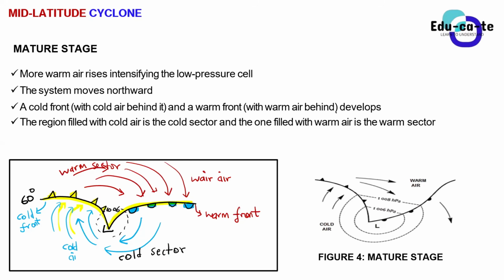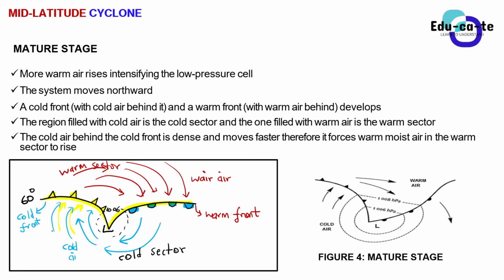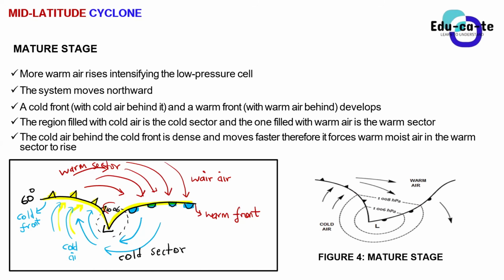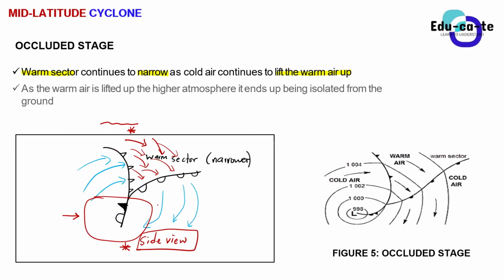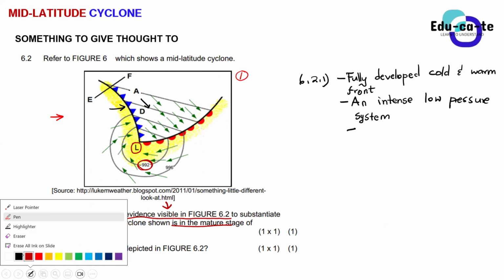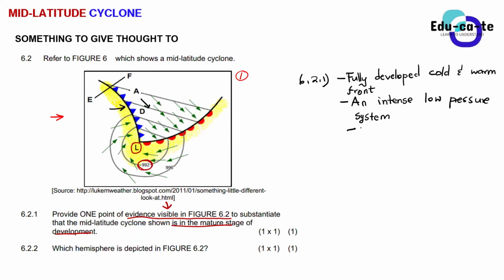So you're just going to fix it here. I think when I explained the mature stage, I wrote 1006, but this is not supposed to be. It must be below 1000. So whenever you see the atmospheric pressure reading at the center below 1000, then you can say that it's a mature one.